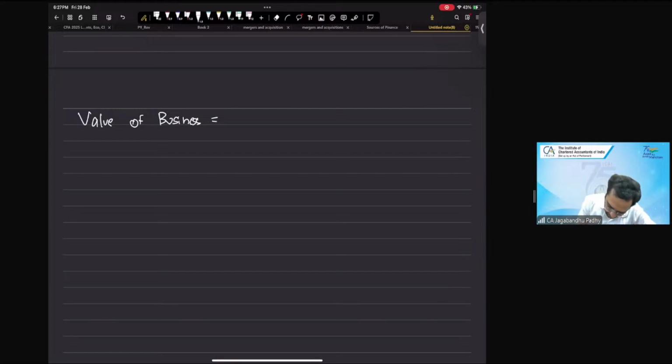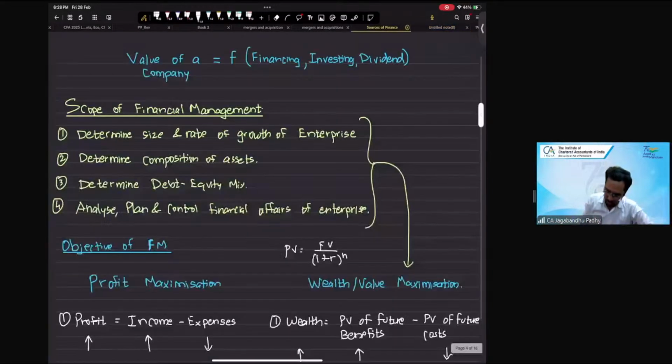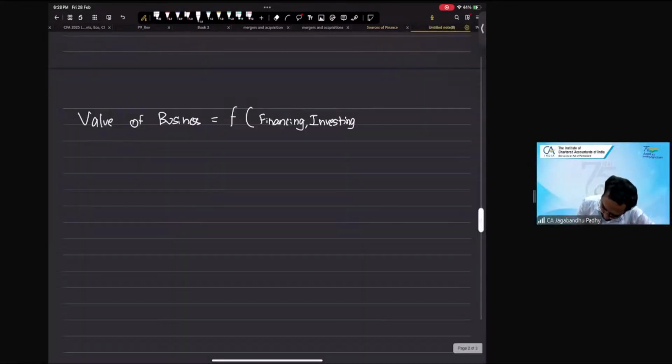The value of a business, I say, is a function of financing, investing, and dividend.